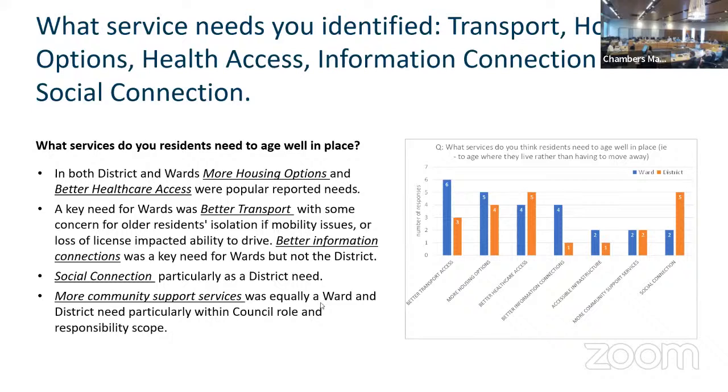Interestingly, better information connections and dissemination of what's on and what's available to people in terms of services generally and also ours was a key need for wards, but not district. Social connection was seen as a district need, and more community support services was a need for both ward and district.